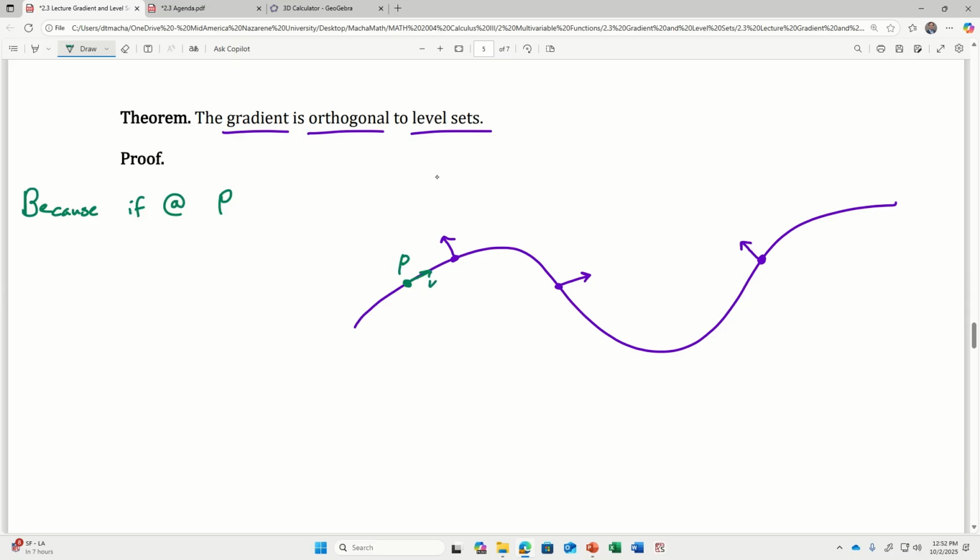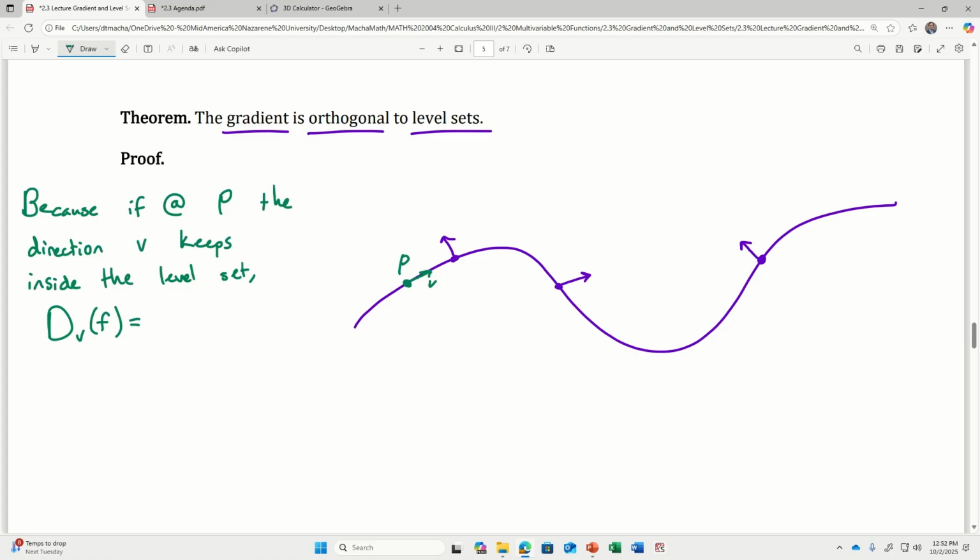Let's make that my direction vector V. What is the directional derivative of my function in the direction of V? 0. Why is it 0?